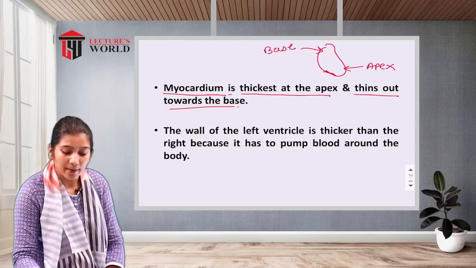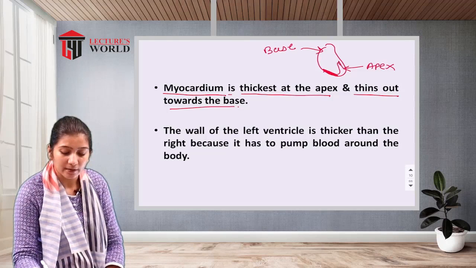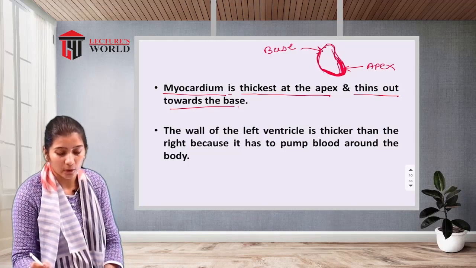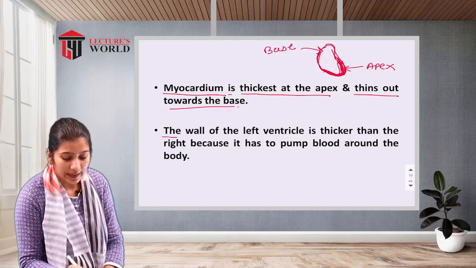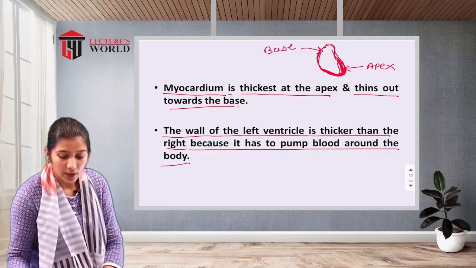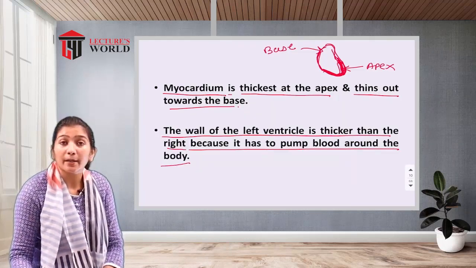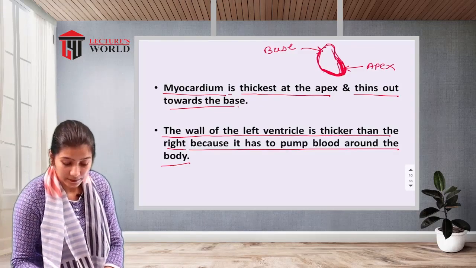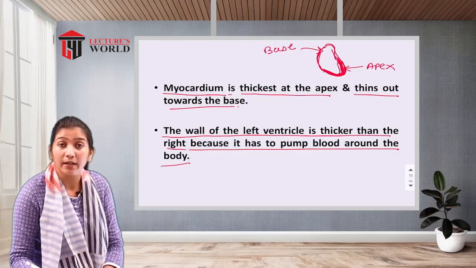So the myocardium layer is thickest at the apex and becomes thin at the base. The wall of the left ventricle is thicker than the right because it has to pump blood around the body. So the myocardium layer is thicker on the left side compared to the right one.